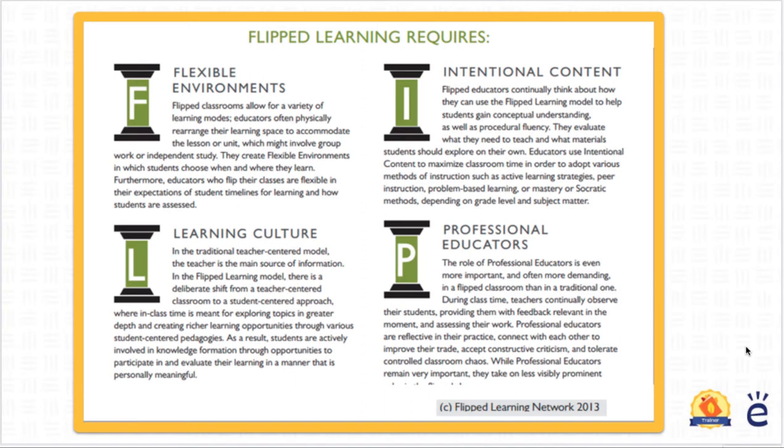The flipped classroom needs to allow for a variety of learning modes, so that the educator can arrange the physical space to accommodate the lesson or unit, but also have a flexible online environment as well. And expectations are made and student timelines for learning are assessed, and that occurs within this flexible environment.